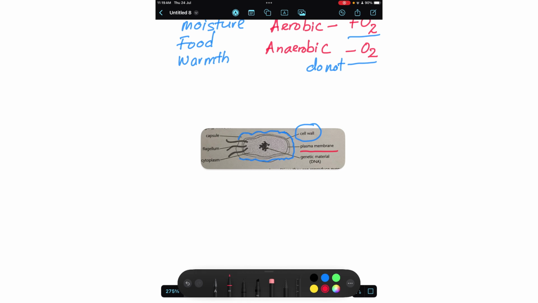Inside the cell is the cytoplasm, and a flagellum comes out.